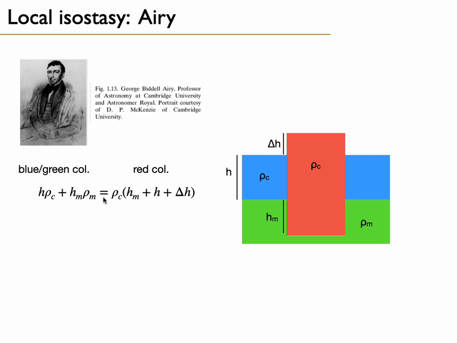And this pressure should be equal to the pressure exerted by this block here, which has a total thickness of delta h plus hm, and it's multiplied by the density of the crust, rho c.